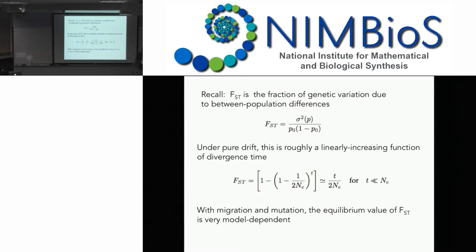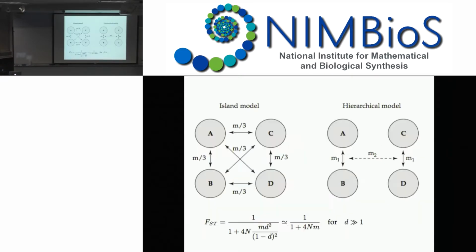If you simply have drift acting, what you can show basically is FST over time is simply going to be a function of drift. And that's because you take your initial variation and you're partitioning it through drift. This is often why it's called a fixation index, because FST goes to 1 as time gets large enough, because the demes get fixed for differential alleles.